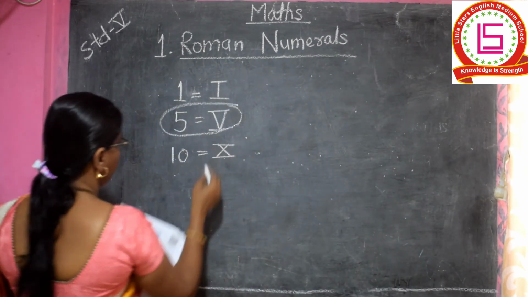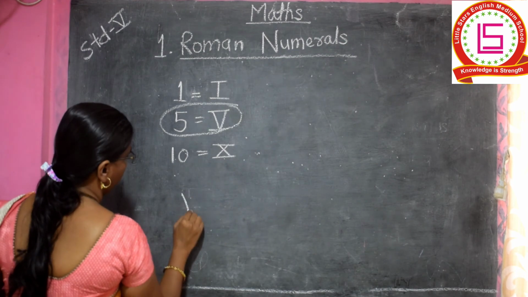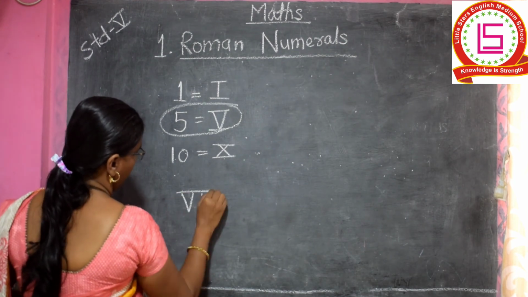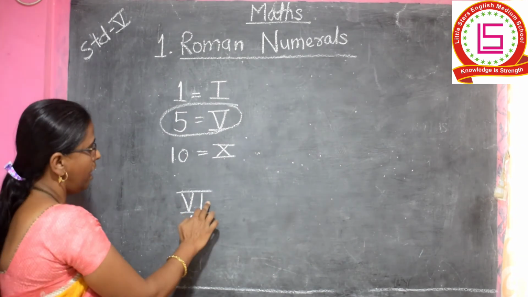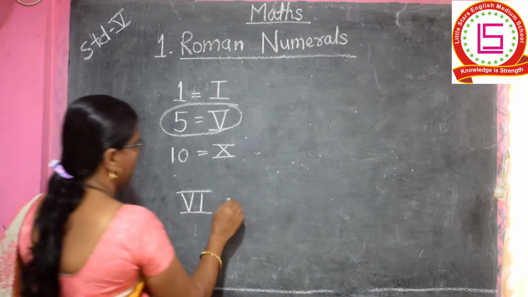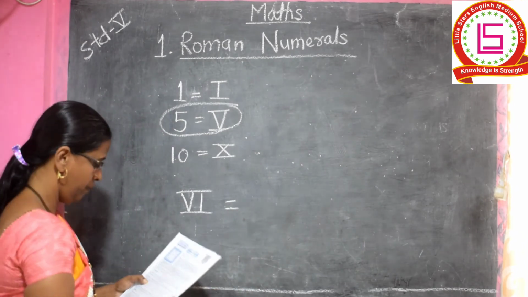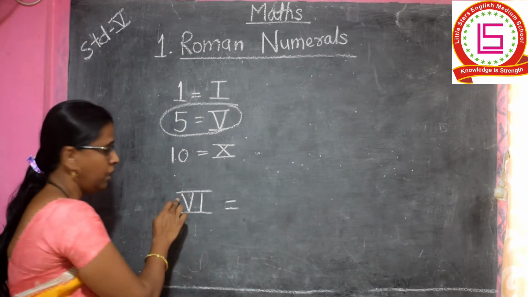If you write I to the right of the big number, then its value is added to this number.